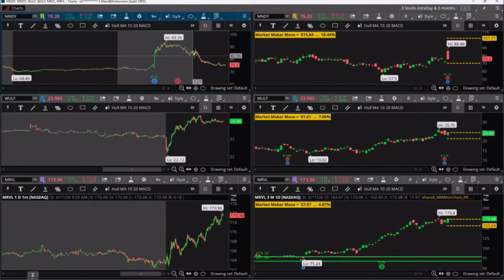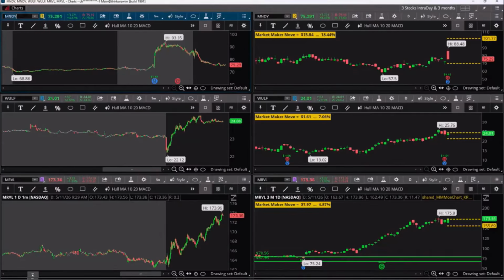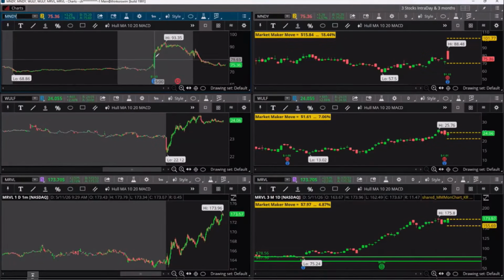So tomorrow morning, I'm going to be having in here HIMS, and I'm going to be able to see what's going on pre-market, post-market. And then we'll be able to see how that compares to what's been going on with the stock recently. Now, interestingly enough here, notice this went up to 93.35, but look how quickly it's fallen back down.